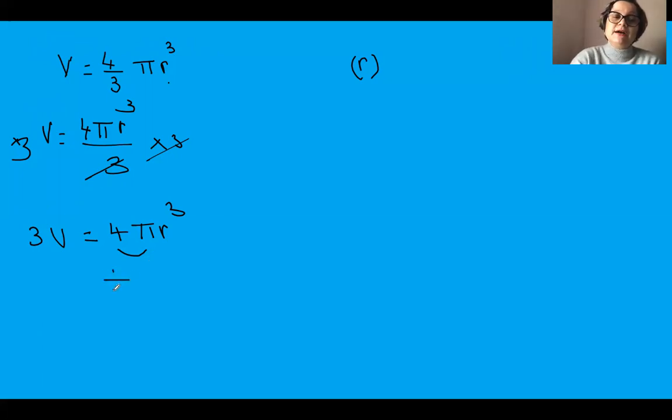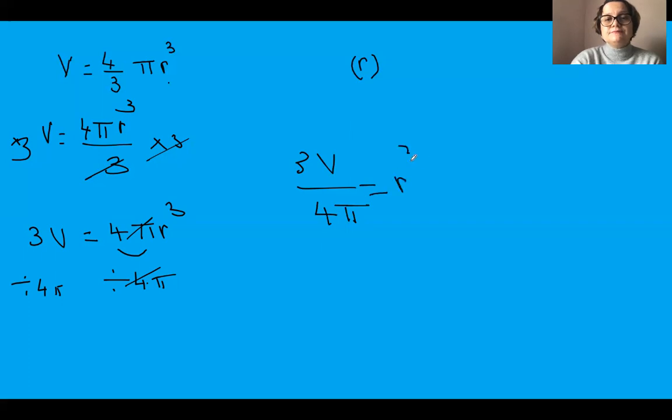So I'm going to divide by 4 pi both sides. Divide by 4 pi, divide by 4 pi. Can you see? I can cancel them out together. It's absolutely fine. So the left-hand side is going to have this, 3v over 4 pi equals r cubed.